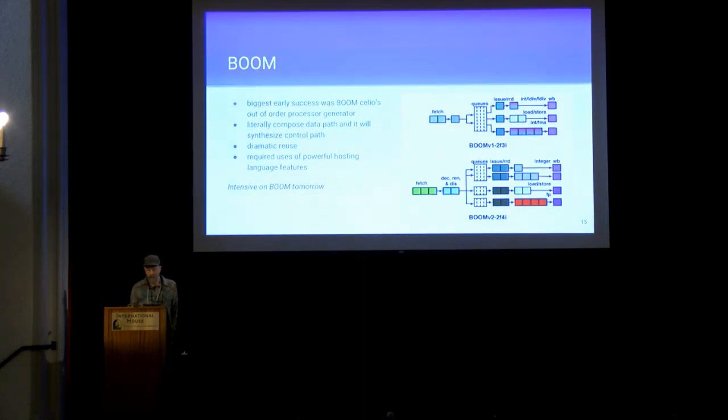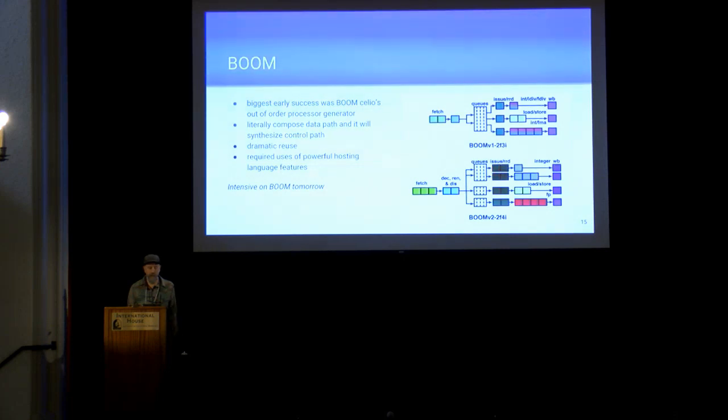One of the successes that really proved out this point of generators is the Berkeley out-of-order machine. At the time, it was pretty unheard of that you could write an out-of-order machine in something like 10,000 lines of code.